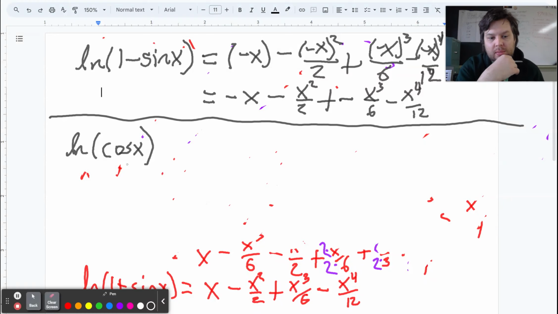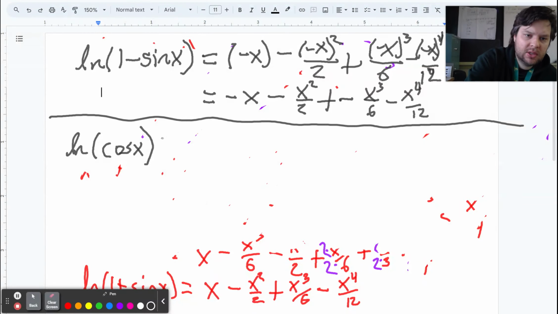Well, I have a 1 plus sine x and a 1 minus sine x. And I know that 1 minus sine squared x is cosine squared x. So I know also with logarithms that if I have a power on the inside, then I can make that a multiplication on the outside.